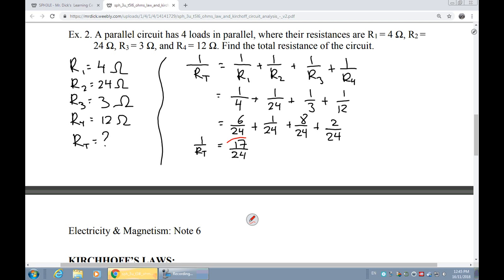So we take this fraction of 17 over 24, and if we want to find the reciprocal of this fraction, well, we could do 1 divided by that fraction, but if it's already in a fractional form, an easier way to do that is just to switch the top and the bottom of the fraction. So the reciprocal then, if we're taking the reciprocal of both sides of the equation, that then gets us that the total resistance is actually 24 over 17.